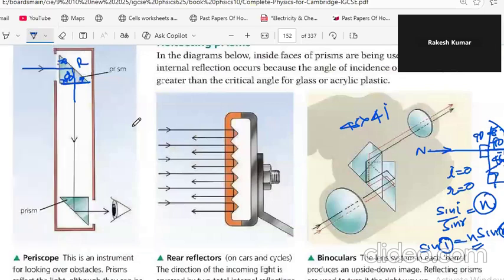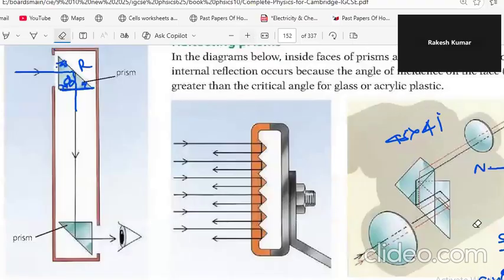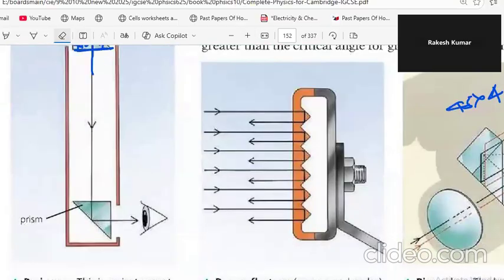You see here, the binoculars are using this, hitting at the hypotenuse. You see, this is the hypotenuse. They have placed these so that the ray comes here, hits the hypotenuse, and comes out of the hypotenuse.